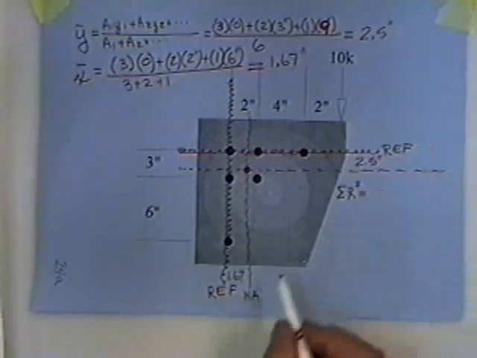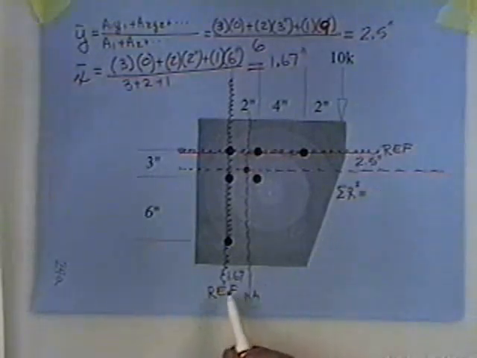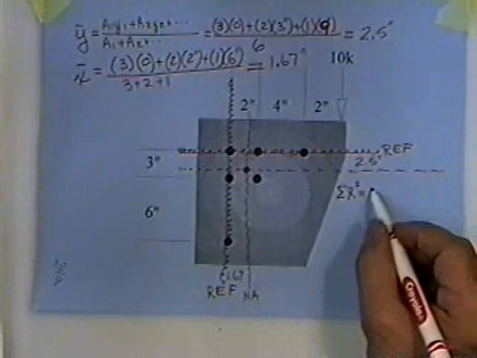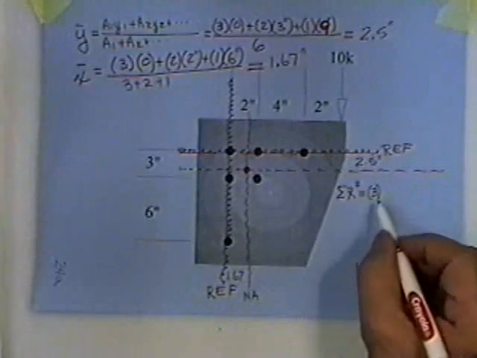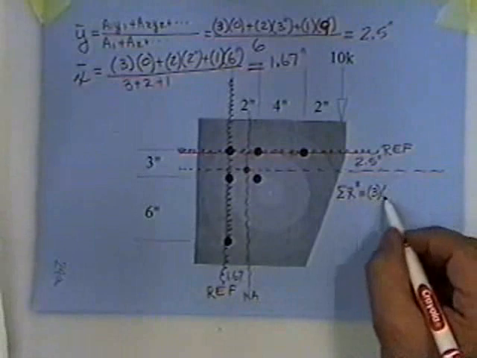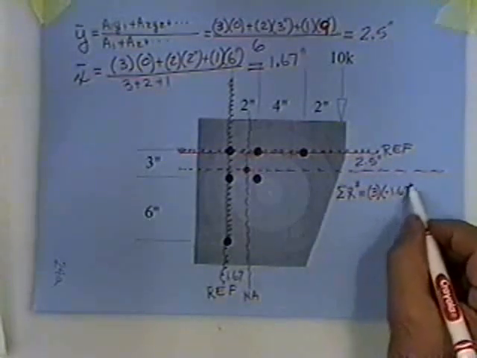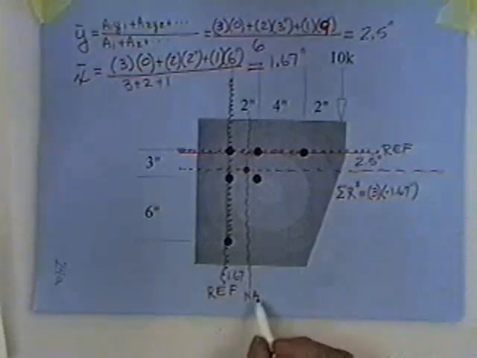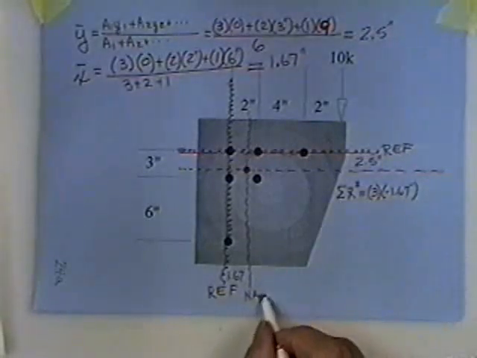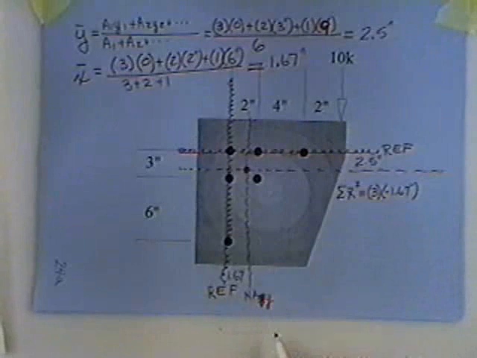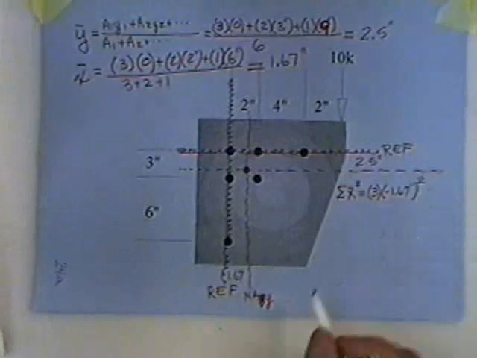So I'm talking about the X distance now. There are 3 bolts, and they are negative 1.67 inches off of the Y neutral axis. That's their X distance. And you square it.